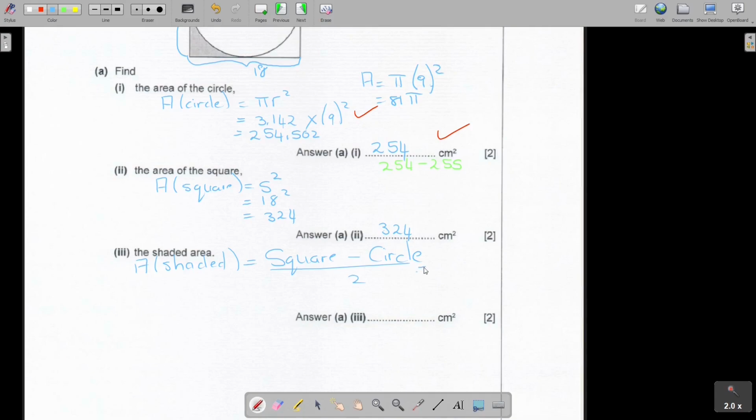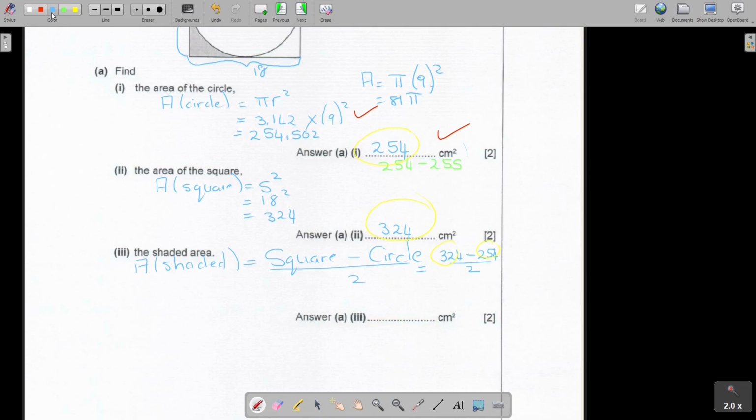I'm just going to say, okay, the big one, 324, the square, subtract the 254, and I just divide it by 2. And if I'm doing it on my calculator, you can work with the approximated. Minus 254, sorry. So it's 324 minus 254 equals, you just use your answer. So just important, you use this answer there, you use this answer there, you divide by 2.